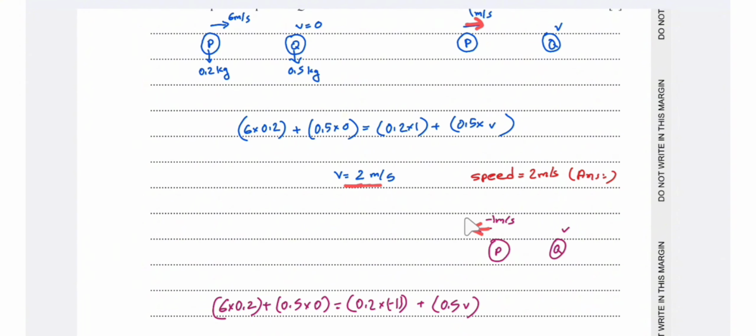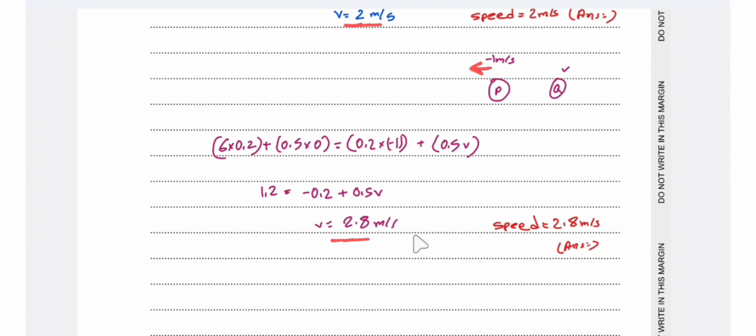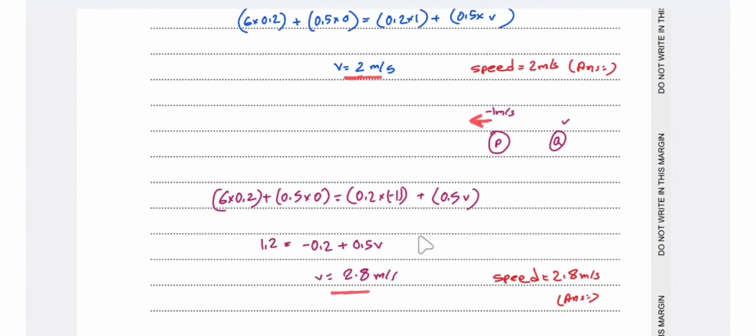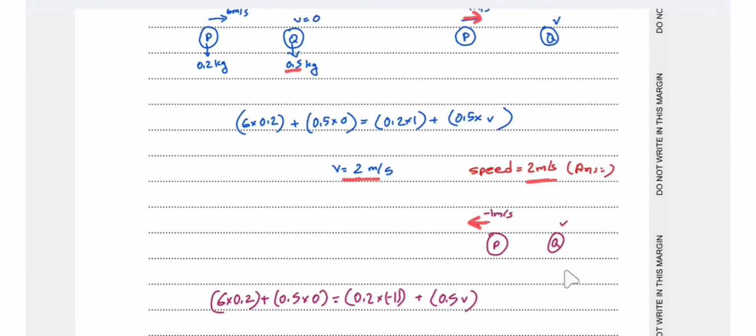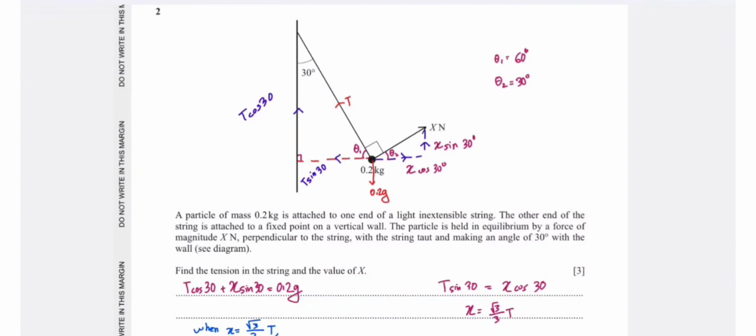Plus mass times velocity of Q, where mass is 0.5 and the velocity is v. After calculating, we get the value of v as 2.8 meters per second. That is, when P is moving towards the left, the speed of Q is 2.8 meters per second. So here we get the two speeds of Q after collision, that is 2 and 2.8 meters per second.